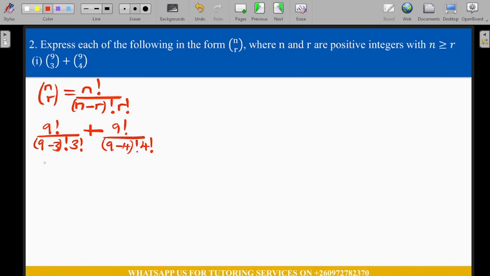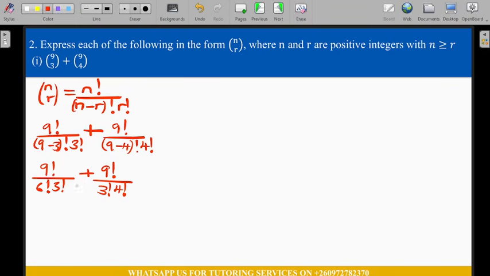Now we simplify it further. So we have 9 factorial over 6 factorial 3 factorial, plus 9 factorial over, 9 minus 4 gives 5, so 5 factorial 4 factorial.